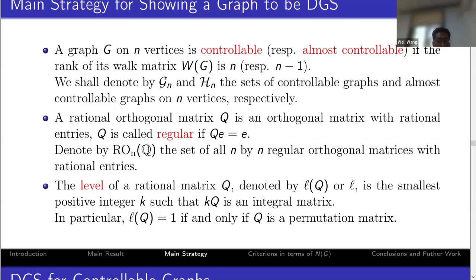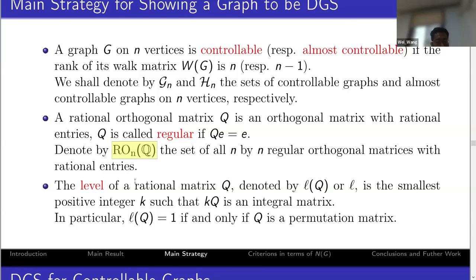A rational orthogonal matrix is an orthogonal matrix with rational entries, and Q is called regular if Qe equals e, that means all the row sums of Q are equal to 1. We denote by this notation the set of all n by n regular orthogonal matrices with rational entries.